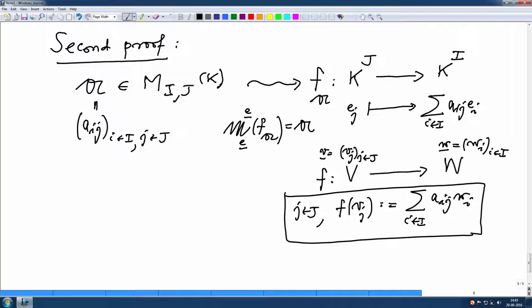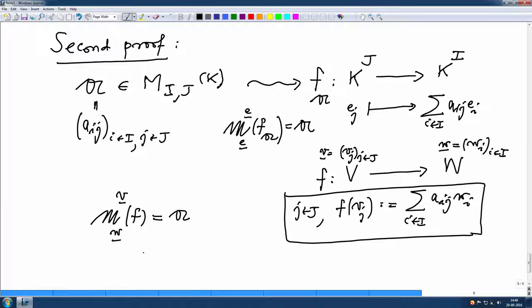So, therefore, this matrix A, you can think of as a linear map F. And again, if you take the matrix of F with respect to this basis, this is precisely the given matrix A. So, if I want to prove that row rank of A equals column rank of A, I will have to prove the relation.